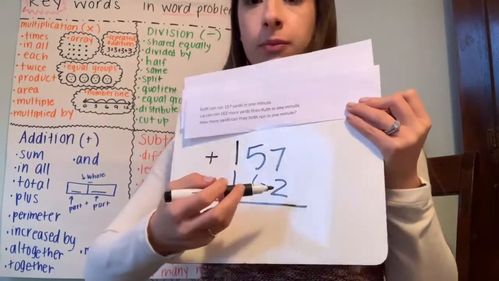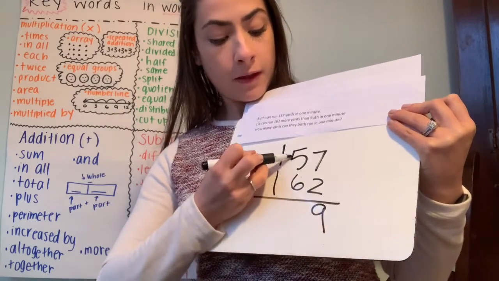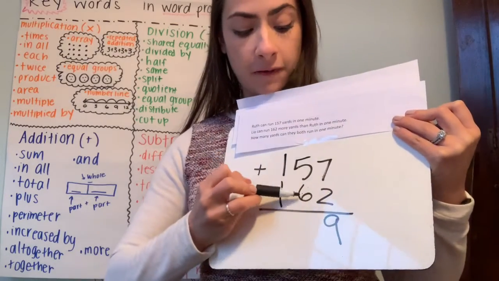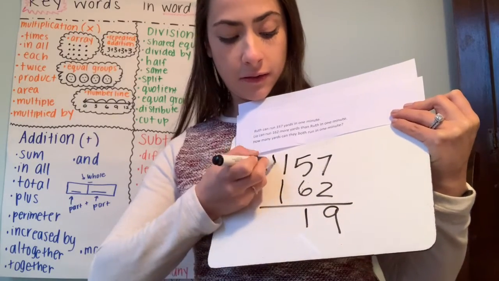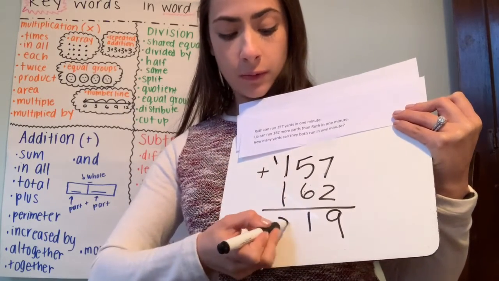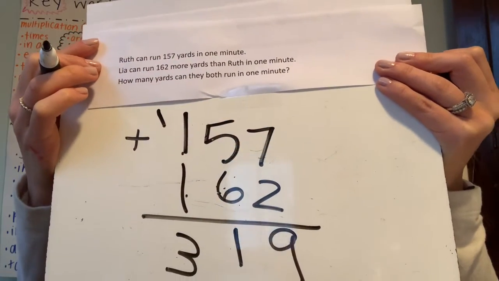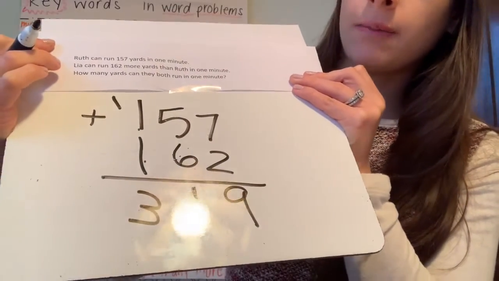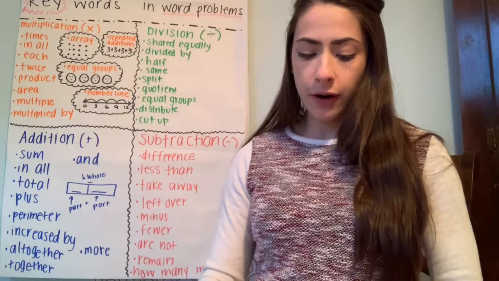So 7 plus 2 is 9. 5 plus 6, I can use my doubles plus 1. So I know 5 plus 5 is 10. So 5 plus 6 is 11. 1 plus 1 plus 1 is 3. So how many yards can they both run in 1 minute? 319 yards, right? Let's get ready for our next problem.